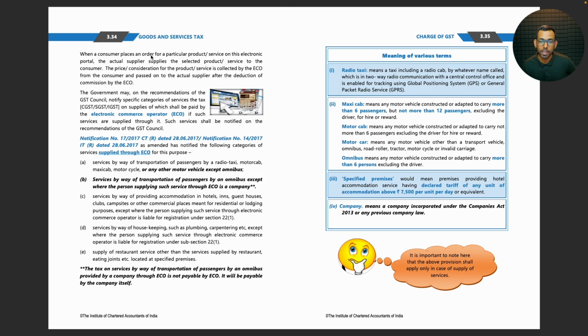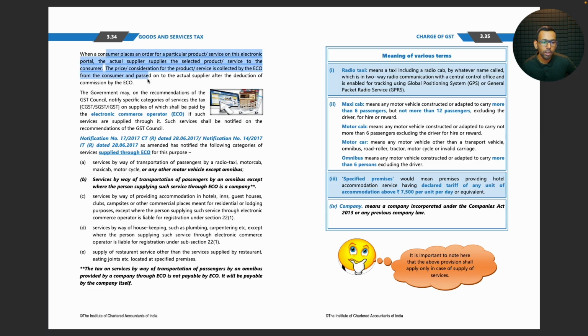So we place an order for a trip, and then the website matches the cab and the passenger, and then the cab actually provides the service, finishes the trip, and then the price is charged by Ola. The money initially goes to Ola, and after that it deducts its commission, 30-40% depending on the transaction. I'm not sure about the exact rate. Let's assume 30-40% commission, and then the balance amount is paid to the driver.